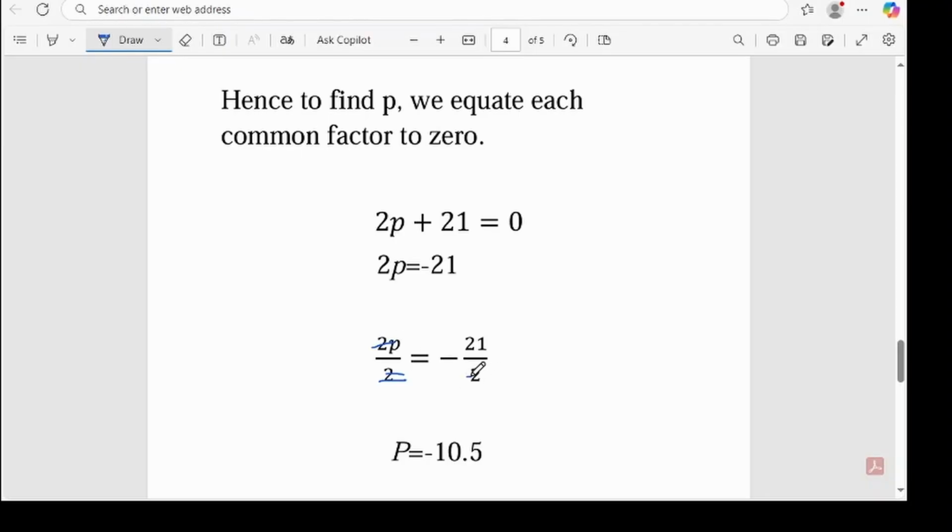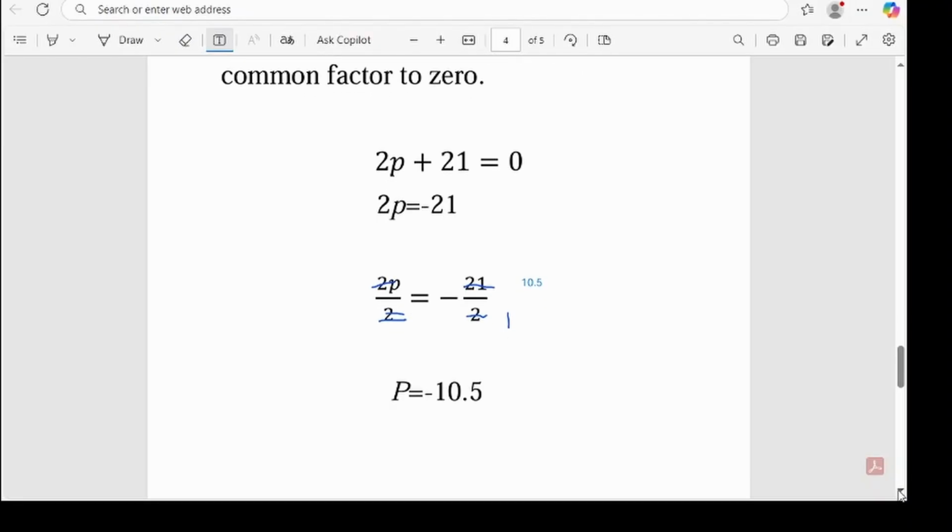So 2 will also cancel itself here once, it will divide negative 21 to give the value 10.5. So p here is going to be negative 10.5.